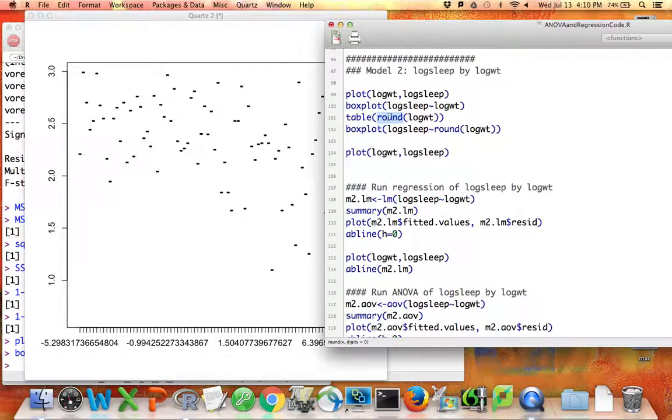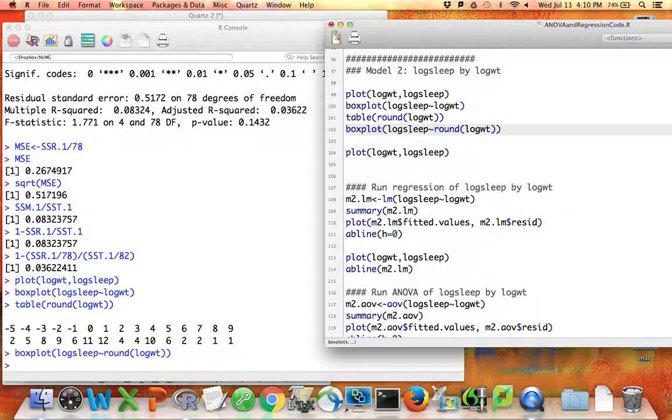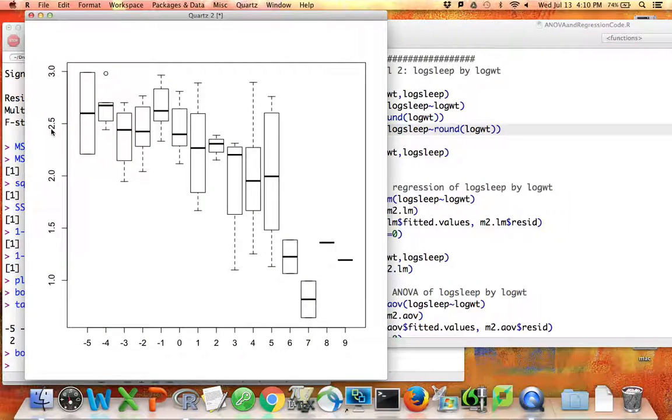However, if I round log weight and make a table of it, then you can see, if we round weight, well, there's 2 animals whose log weight is rounded to -5, 5 animals whose log weight is rounded to -4. Now we actually have some groups, and so now I would be able to make a box plot if I wanted to look at the distribution of log sleep by a rounded value of log weight.